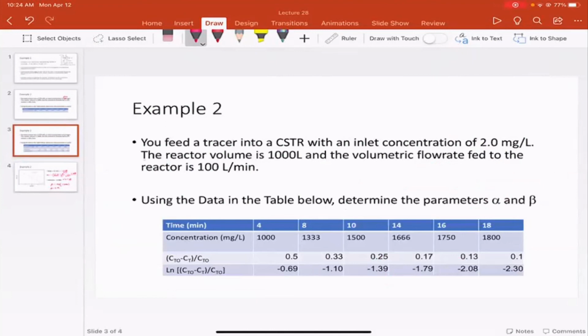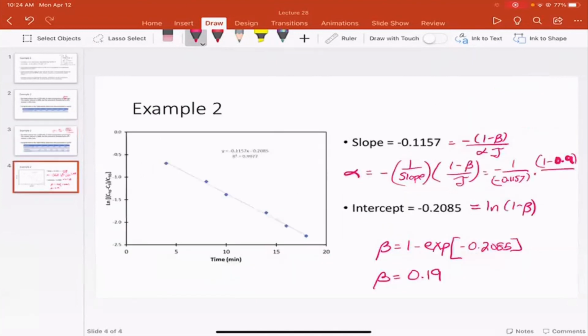So then tau would be V over the volumetric flow rate, which is 1,000 liters over 100 liters per minute. And that equals 10 minutes, okay? So times 10 minutes, and we find that alpha is equal to 0.70.